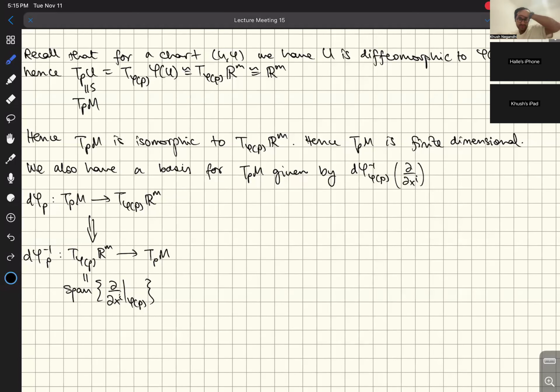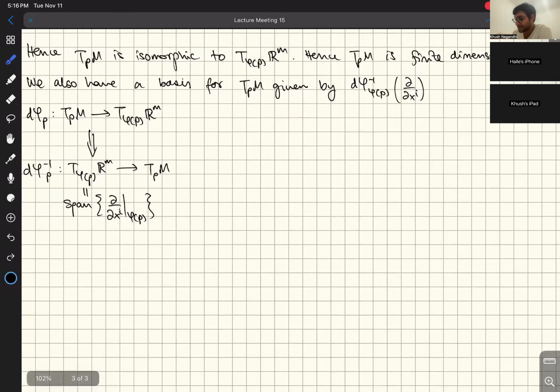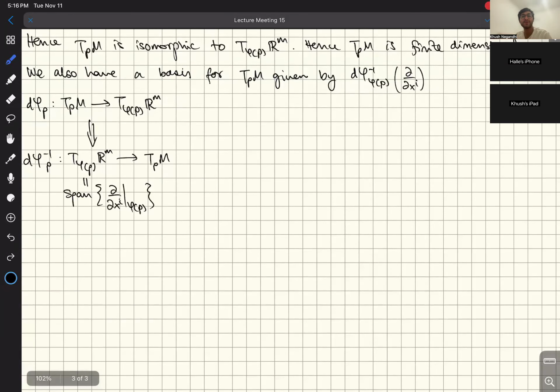Okay, so given a choice of coordinates on the manifold, we see that there's a very nice choice of basis on the tangent space of that manifold. Okay, so now using bases, let's now look at what the map dF looks like.